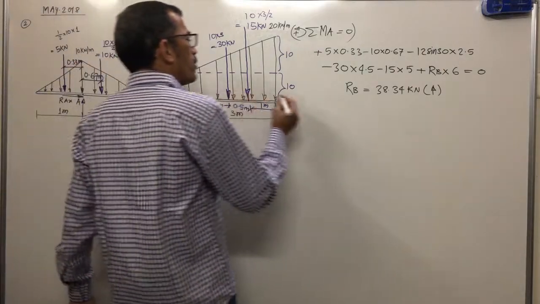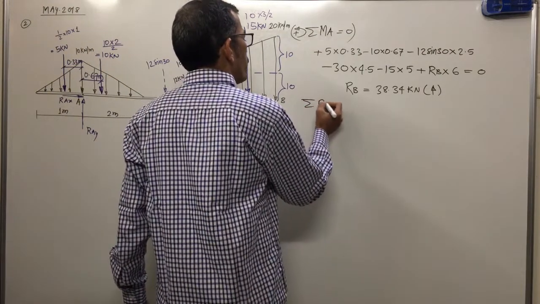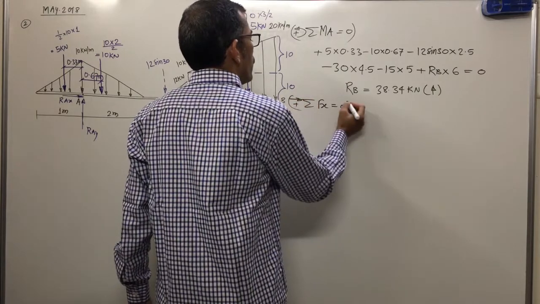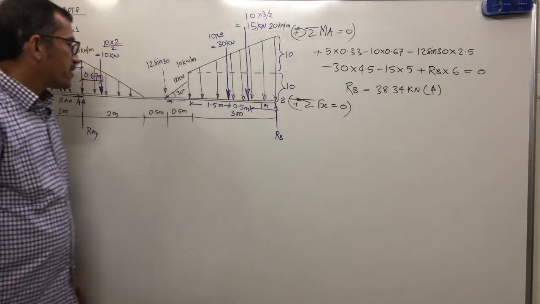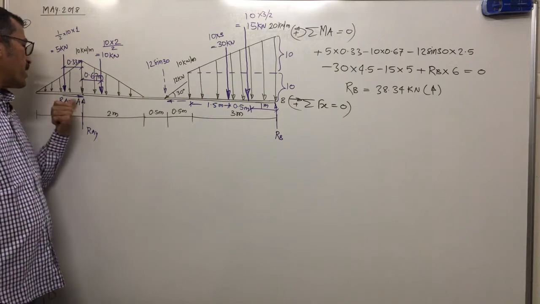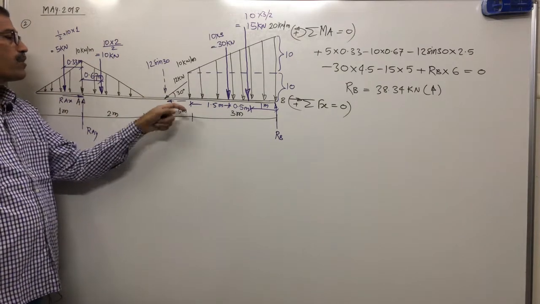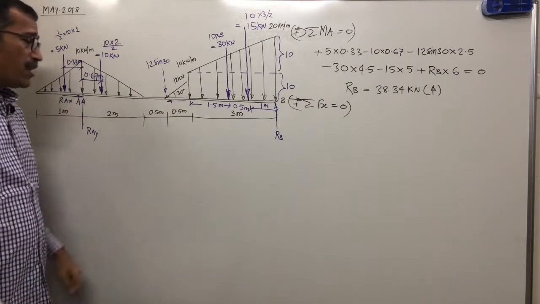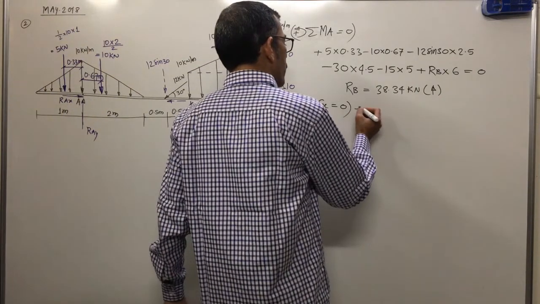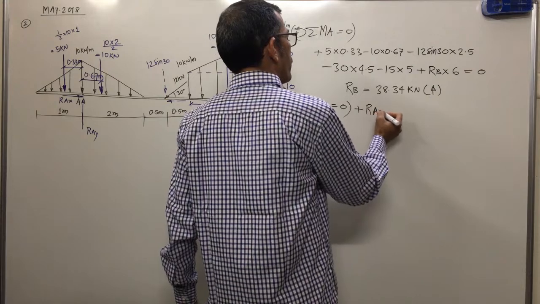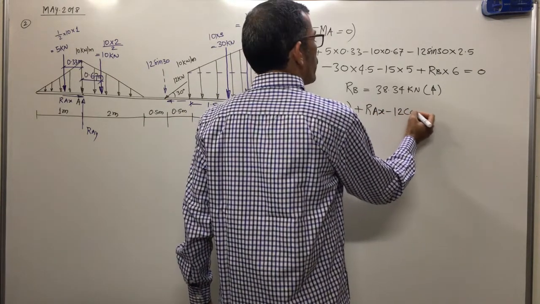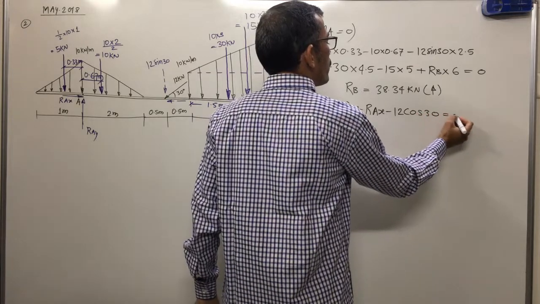Clear? Now next, summation of Fx equal to 0, assuming rightward force positive. Along the x-axis, check the forces. One is Rax, other is the component of 12 leftward, minus 12 cos 30. Plus Rax minus 12 cos 30 equal to 0.